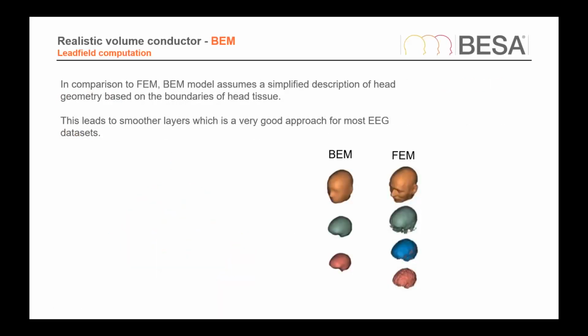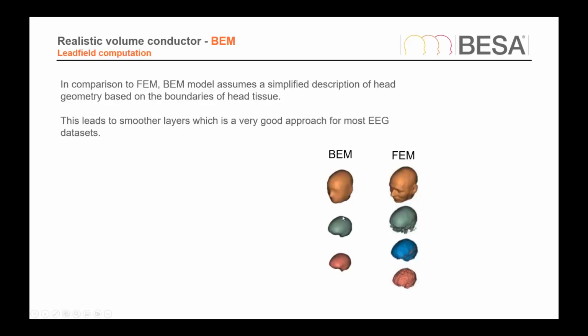We also have, as I said, a boundary element model, and that assumes a simplified description of the head geometry based on the boundaries of the head tissue. The simplified description means that we have smoother surfaces. For most EEG datasets, that should be a good approach. You can see some differences here between boundary element and finite element model surfaces.